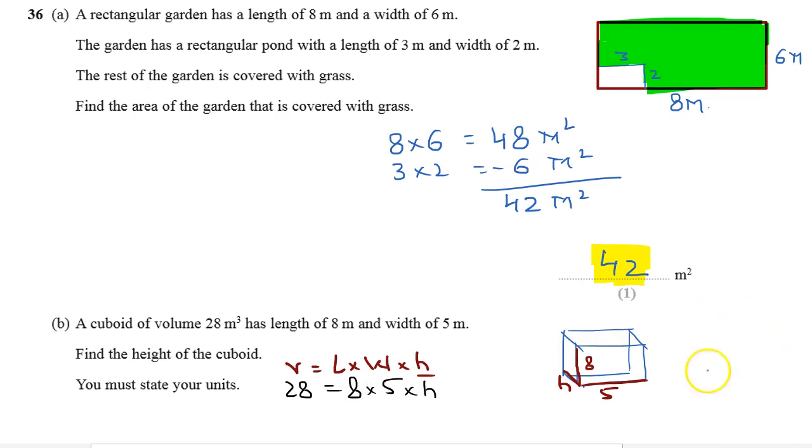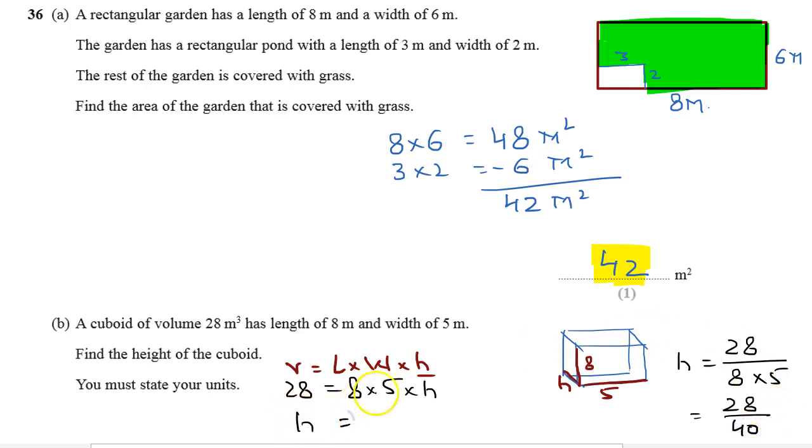In fact, you can use directly this formula. If one side is not given, you can just write the volume, that is 28, over remaining two sides, 8 multiply 5. So that is 28 over 40.